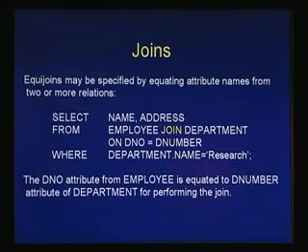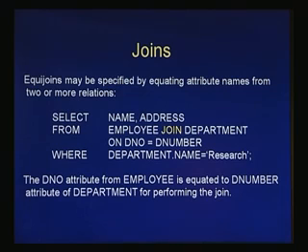We would say something like select star from employee, department where employee.DNO equals department.DNumber. Remember what the employee record looked like: one of the fields was the department number of the department where the employee is working. So, we have to explicitly equate these two attributes to perform a join, otherwise it is construed as a Cartesian product between employee and department.